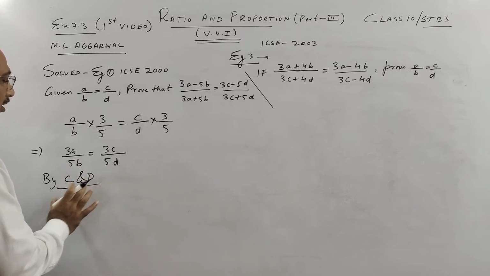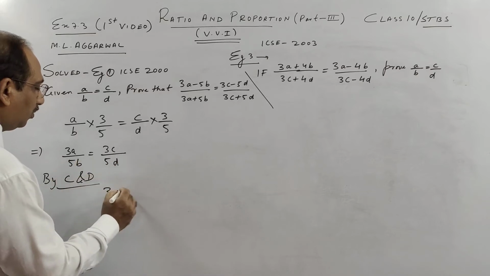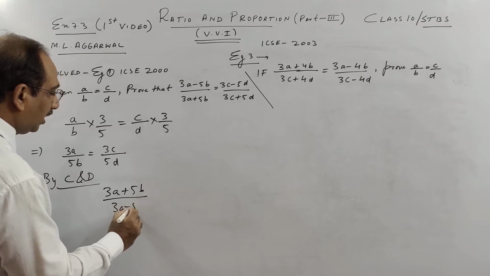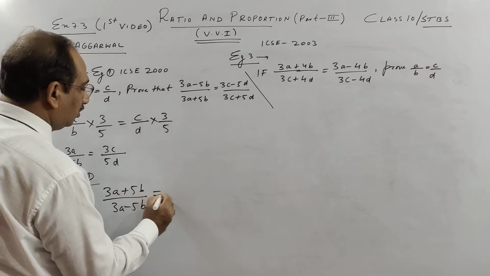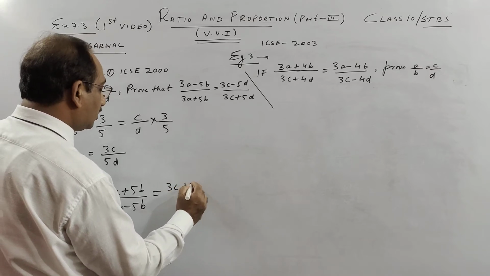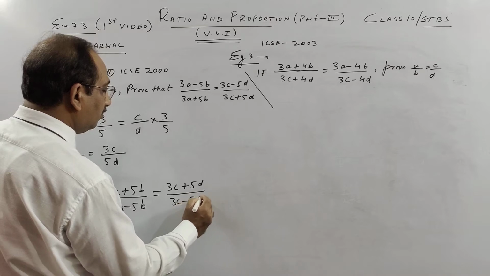So by componendo and dividendo, see what happens. As I taught you, numerator plus denominator by numerator minus denominator should be equal to numerator plus denominator by numerator minus denominator.